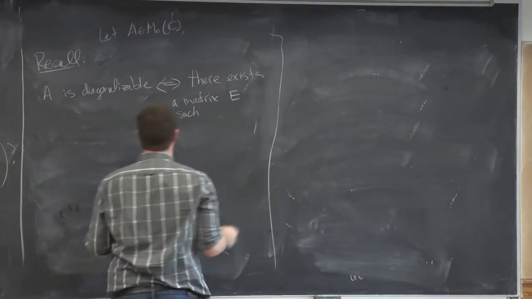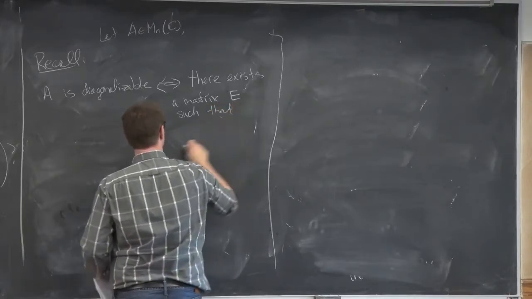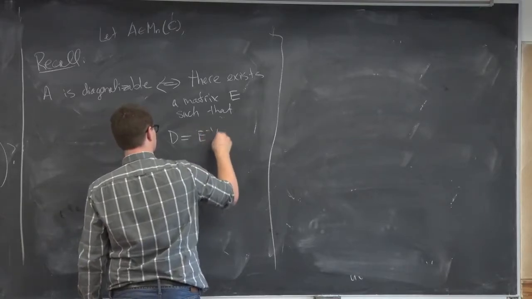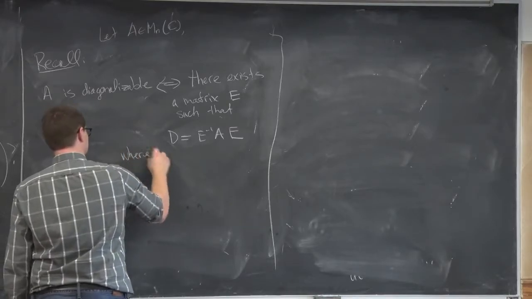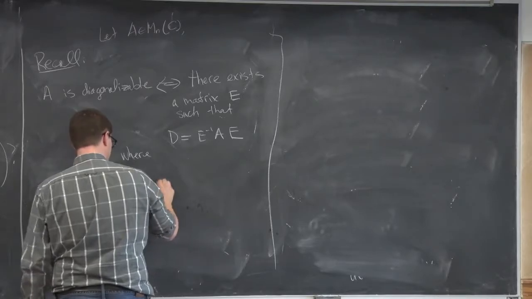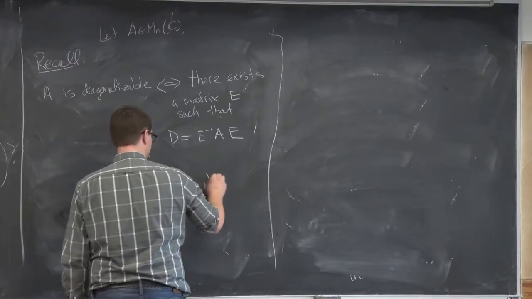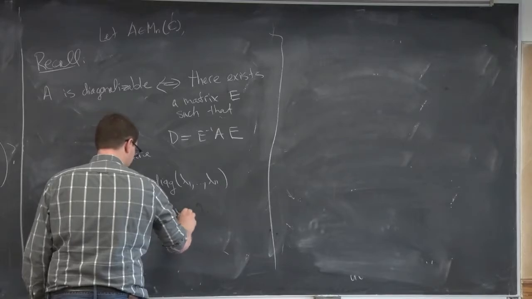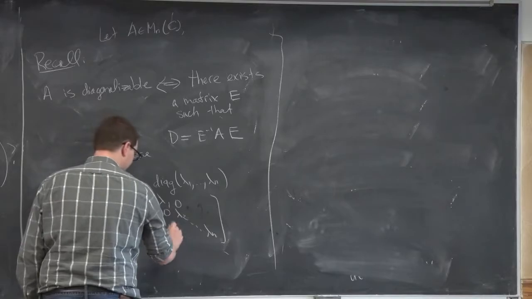This is diagonalizable if and only if there exists a matrix E such that we'll have the following matrix equation, where D is the diagonal matrix with entries lambda 1, lambda 2, up to lambda n, and zeros everywhere else.